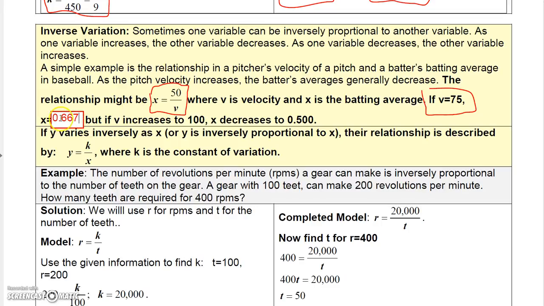Actually, I had that wrong. 50 over 75 is actually 0.667. But if V increases to 100, then you get 50 over 100. So the batting average decreases from 0.667 to this right here, 0.500. So the batting average would decrease.